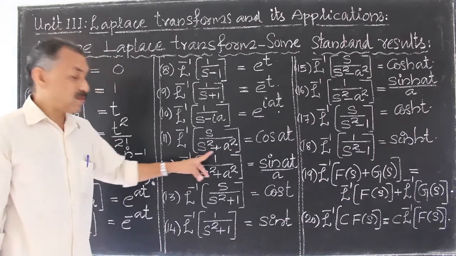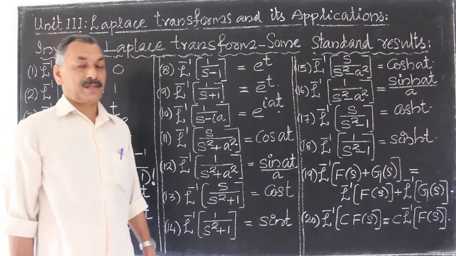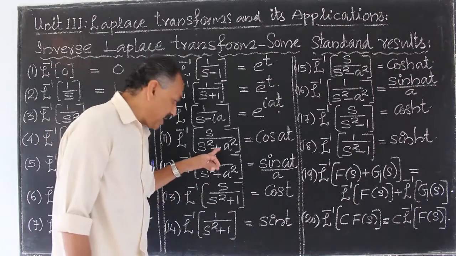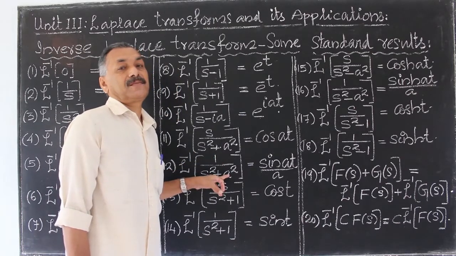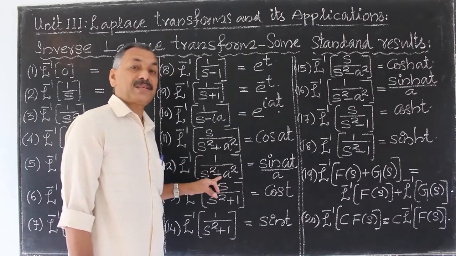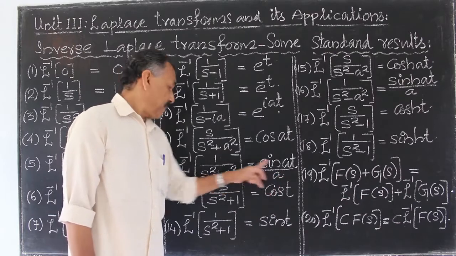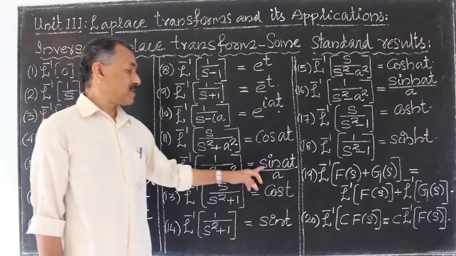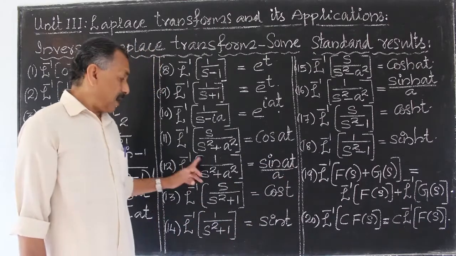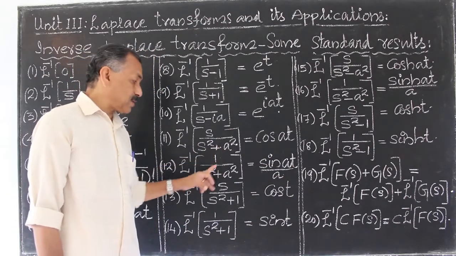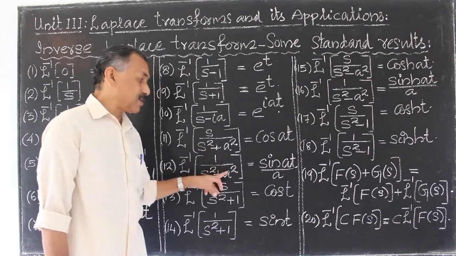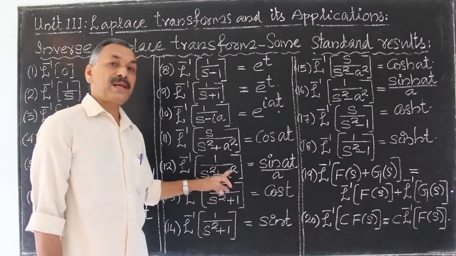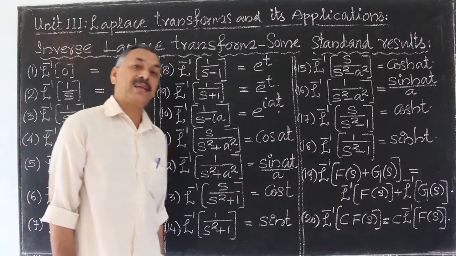Before that, what is L of sin at? L of sin at is equal to a divided by s square plus a square. Therefore, L inverse of 1 divided by s square plus a square is equal to sin at by a.